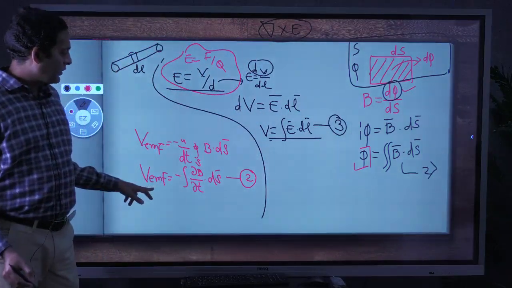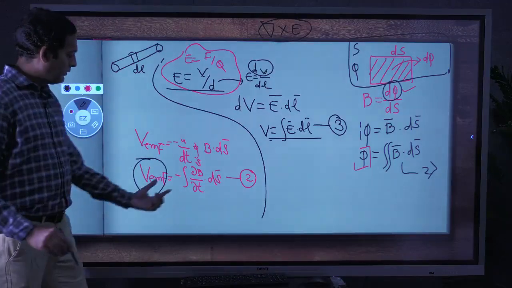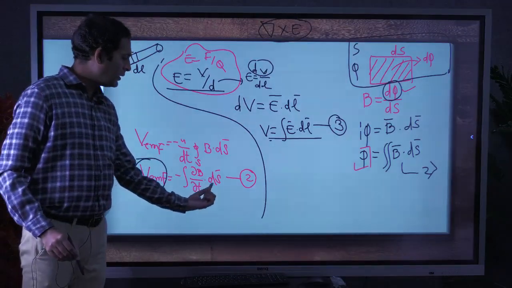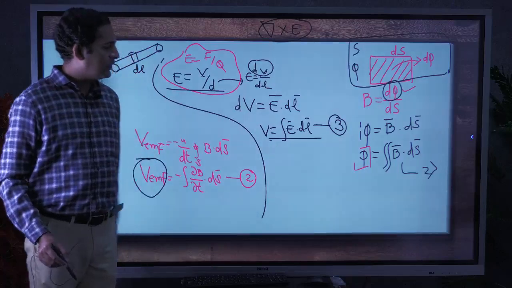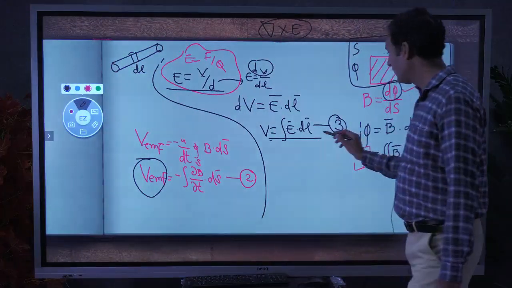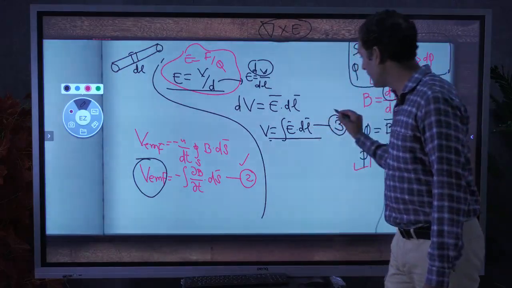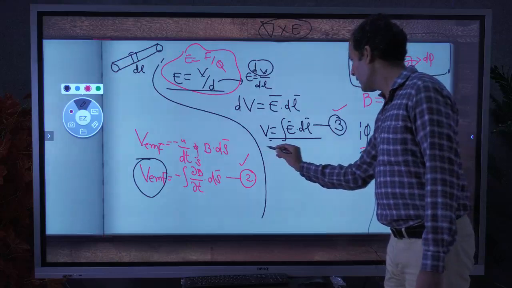So we have equation number 2, which is also voltage, EMF voltage, which is equal to minus dou B by dou t dot ds bar, and we have another expression for voltage, which is V is equal to integral of E bar dot dl bar. So if we compare expression 2 and expression 3, what can we write?